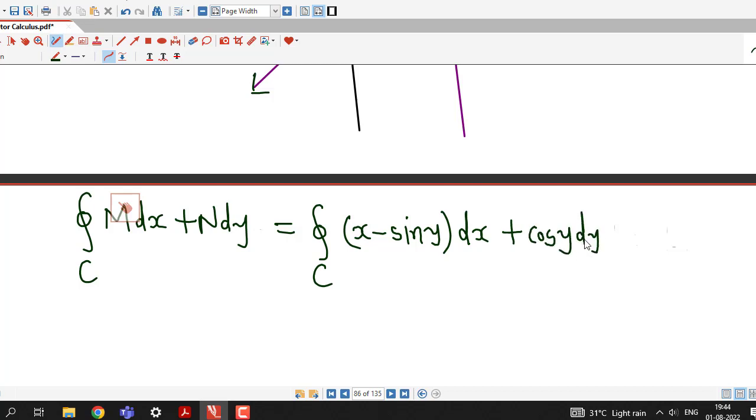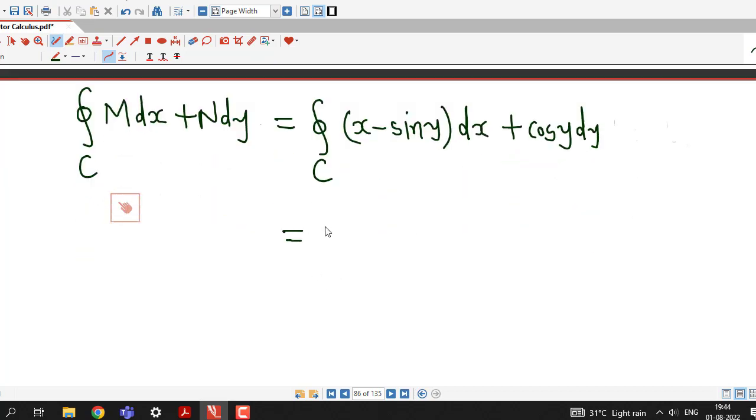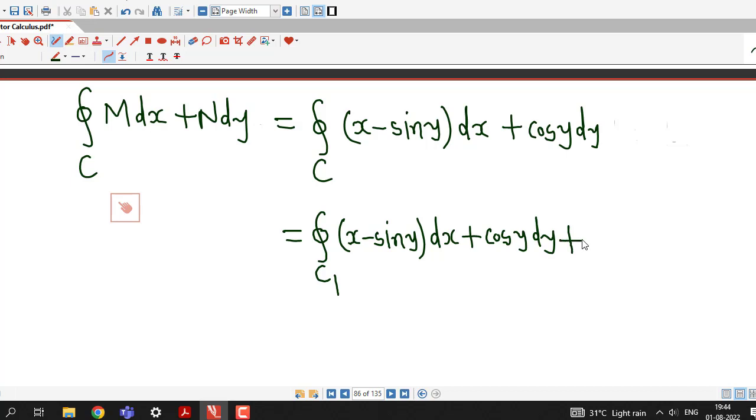This is equal to, now our curve C is the union of three curves C1, C2, C3. So integral along C is sum of integrals along C1, C2 and C3. Now here C1 is not a closed curve.